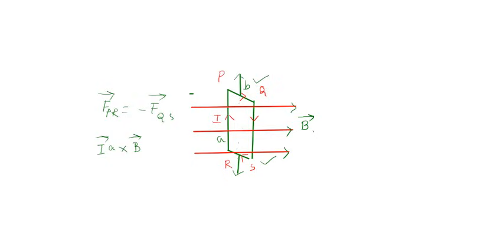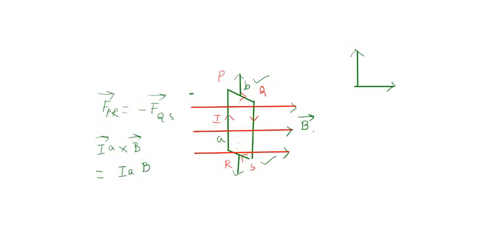Even if it is rotating, I is always upward like this, B is always like this, whatever may be the direction or the orientation or the position of the loop. You can see from this diagram, it is always perpendicular. So the angle between them will always be 90 degrees. So the magnitude will always be only this, I a B. This should be the magnitude.